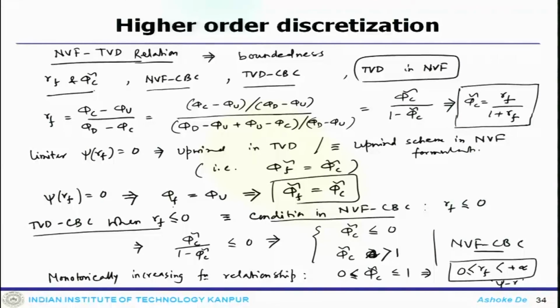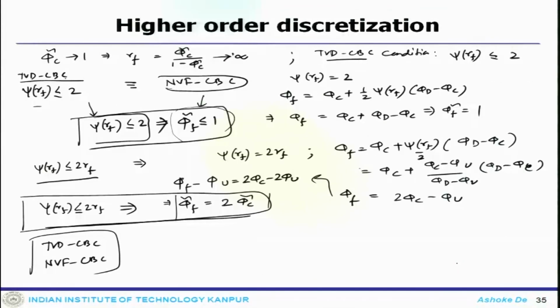One is this condition, this is one, then you get the information of this, and then you impose TVD CBC this condition, equivalent condition in NVF CBC, then we have imposed other TVD CBC condition and equivalent conditions in the NVF CBC.